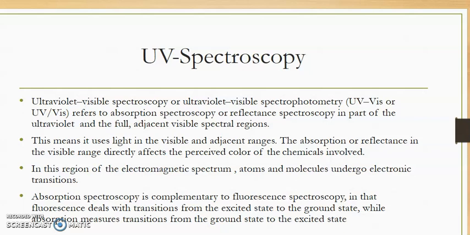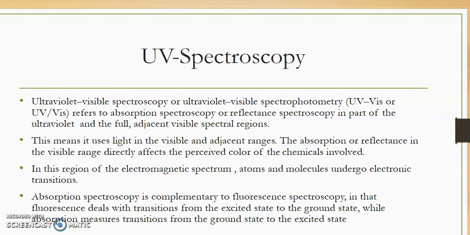This means it uses light in the visible and nearby ranges for the purpose of identifying materials. The absorption or reflectance in the visible range directly affects the perceived color of the chemicals involved.